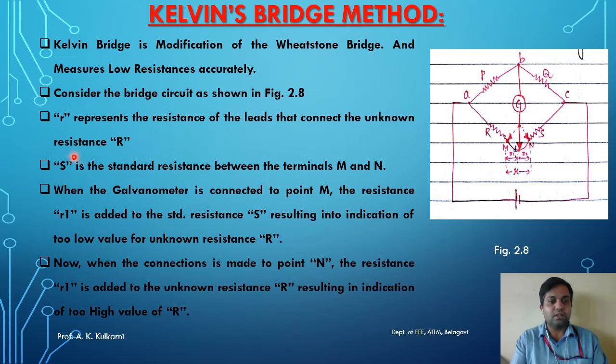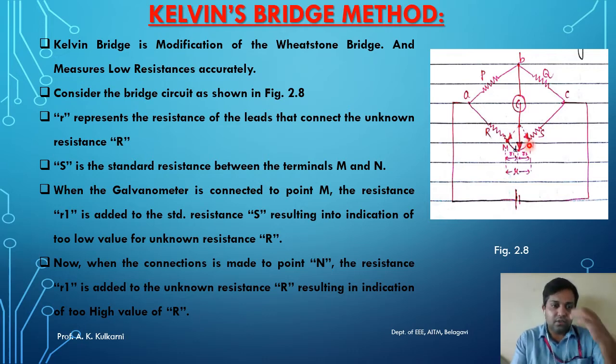Let us represent: small r is the resistance of the leads that connect the unknown resistance, capital R. And capital S is the standard resistance between the terminals M and N.